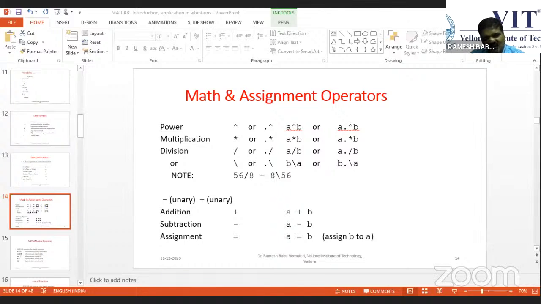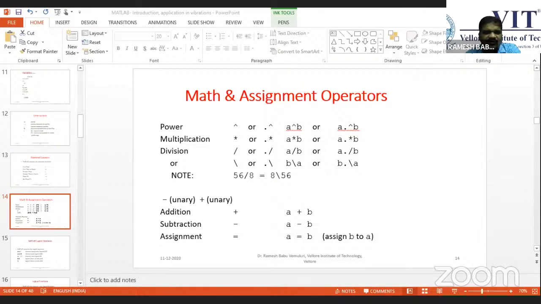The same way matrix power also. Like you can see here again, C is equal to A power 2. So that means A multiplied with A. C is equal to A dot power, so that means each element has been powered.